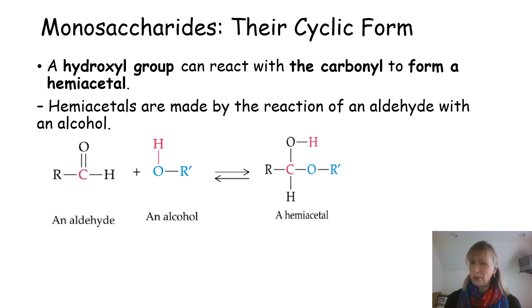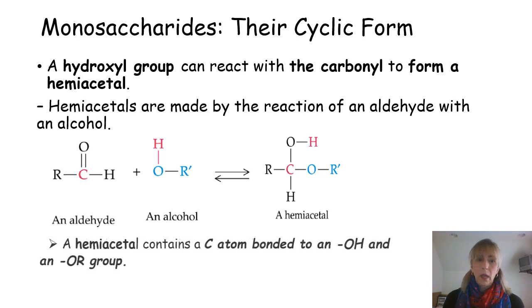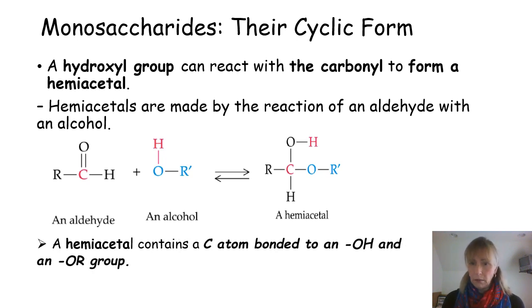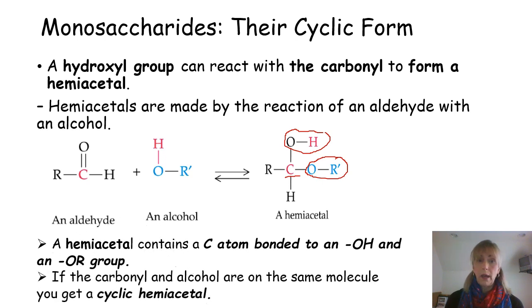So we have both of those elements in there. A hemiacetal contains a carbon atom that is bonded to an OH and an OR group. That is what a hemiacetal is. So remember that structure.